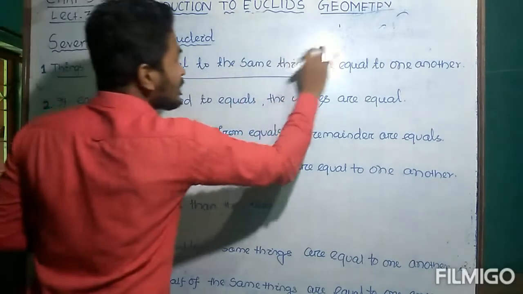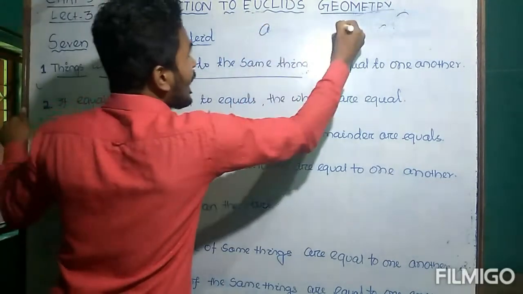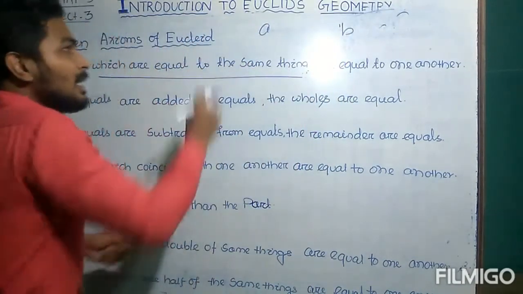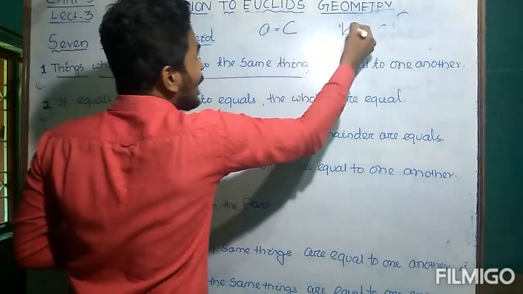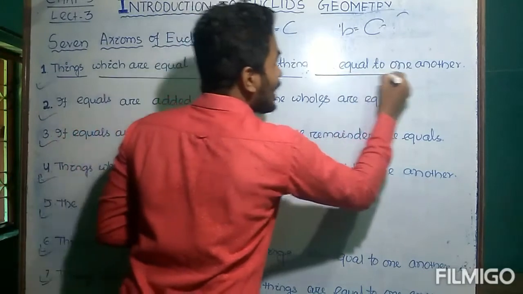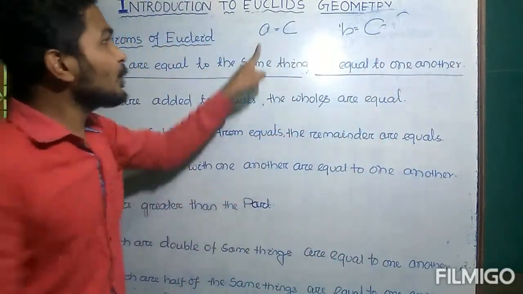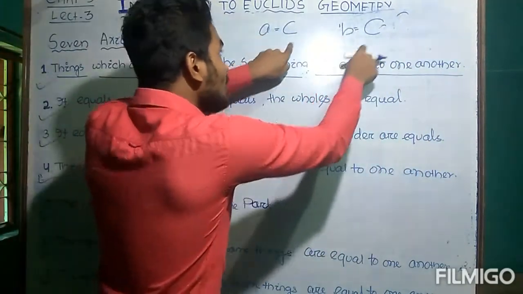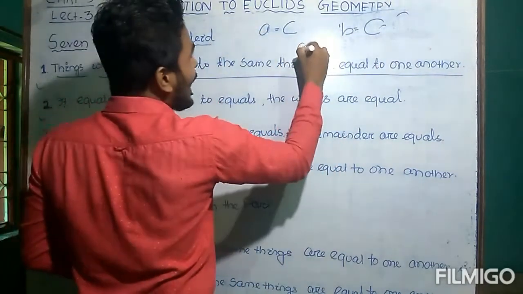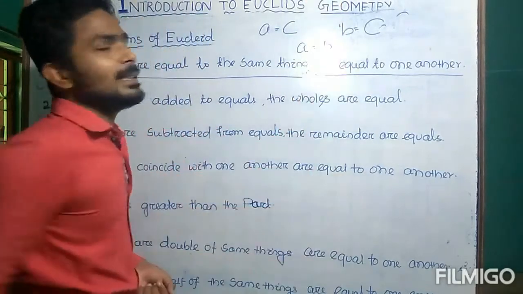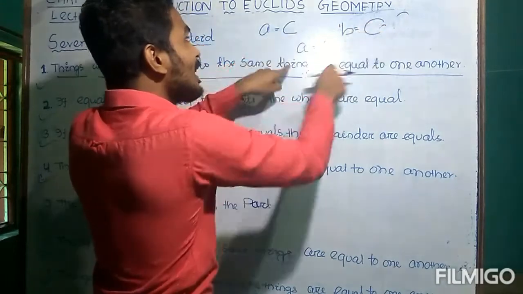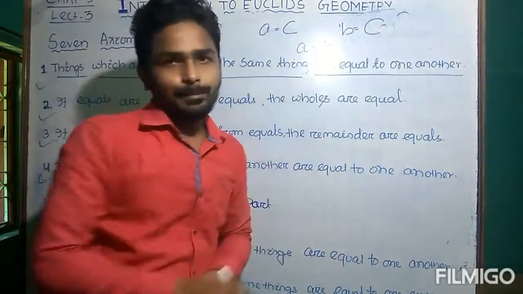For example, let us take two things, suppose A and B. Suppose A is equal to C and B is also equal to C. Then they are equal to one another. If two things are equal to the same thing, then what can we conclude? We can conclude that A is equal to B. Again, if two things are equal to the same thing, then these two things are equal.